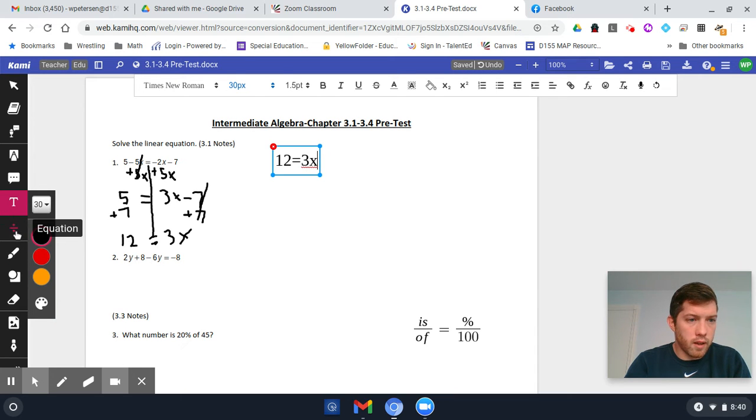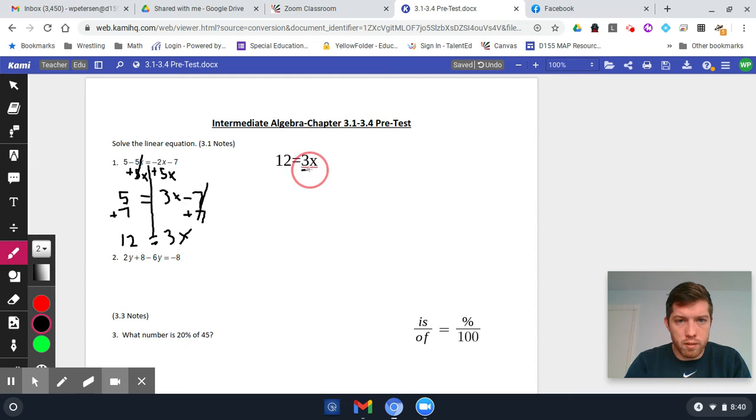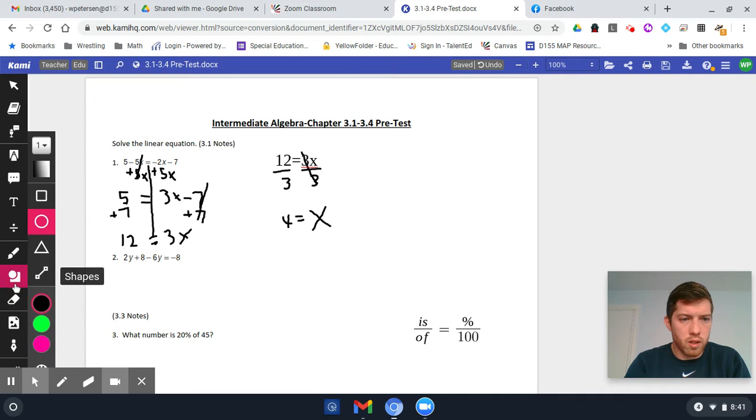And we'll go ahead and divide both sides by 3. And you get those cancel out. 12 divided by 3 is 4 equals x. And that's your answer. So that is our 3-step problem.